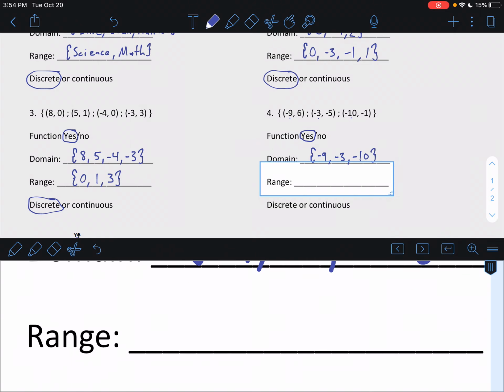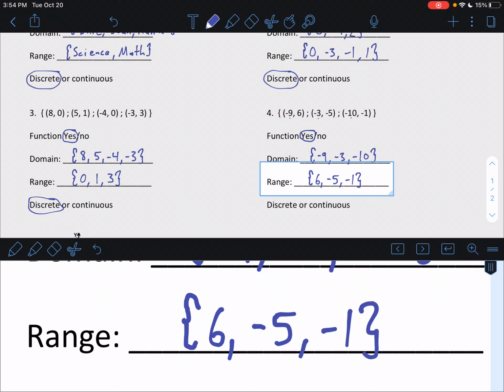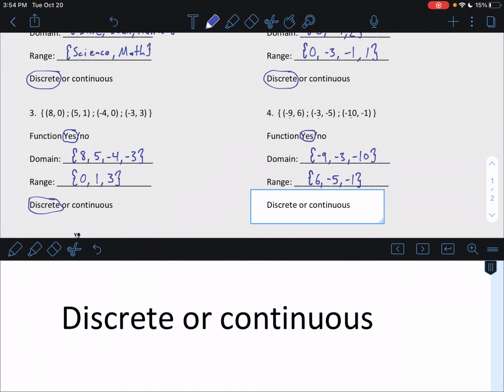And my range is going to be the outputs. So the range is going to be 6, -5, -1. Is this discrete or continuous? It's just 3 points. It's discrete.